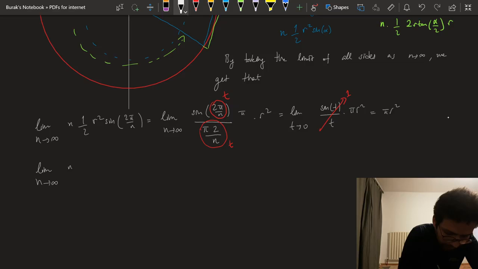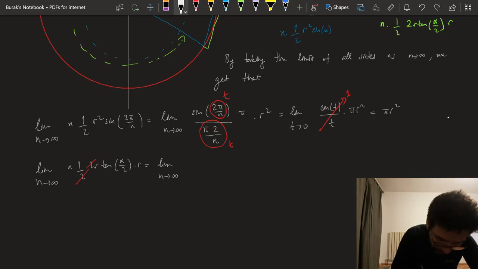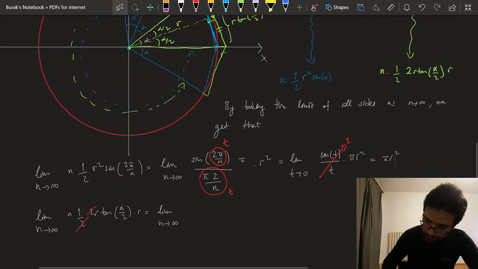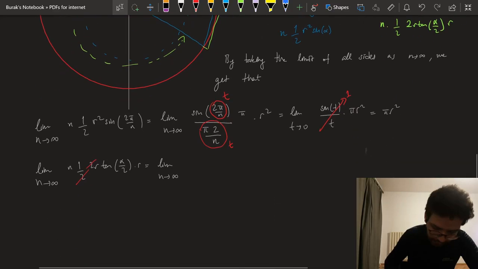A and 1/2, and 1/2 2r tangent of alpha over 2 times r. So let's cancel these 2's, and let me rewrite this as a. Now instead of alpha I write, remember what alpha is, it's 2 pi over n.